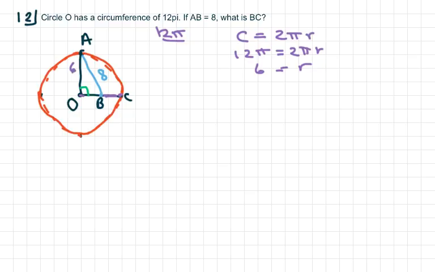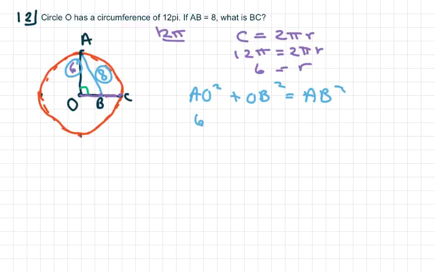Now you know the lengths of the two sides and the hypotenuse, and because it's a right triangle, you can use the Pythagorean theorem to find OB. We have 6 and we have 8. So AO squared plus OB squared equals AB squared.